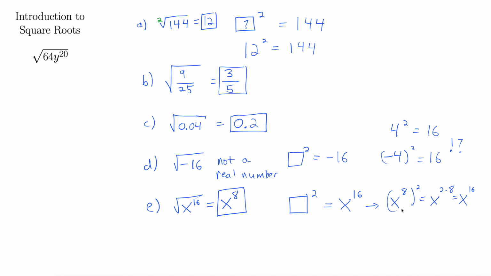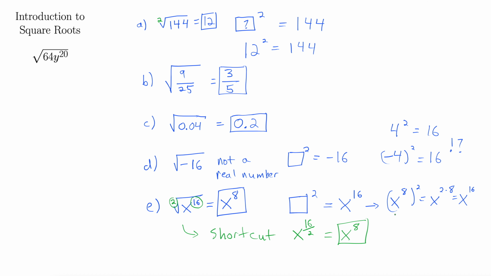This is fine though. A shortcut here, remember there's a hidden 2 here for the square root, and the shortcut is just divide whatever number you have in the exponent by 2 for square roots. We'll talk more about that in a future section, but here we have x to the 16 divided by 2, x to the 8th. Much faster, much less brain power required.